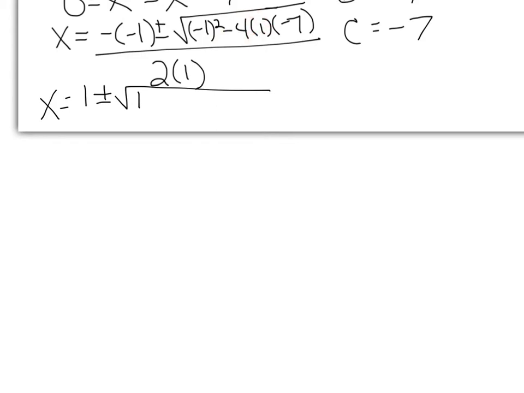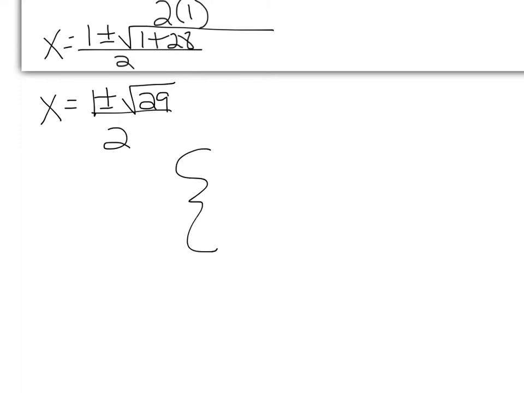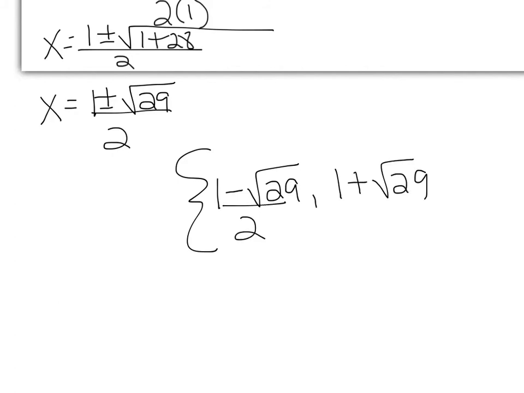Negative 4 times 1 is negative 4 times negative 7 is positive 28, all over 2. X equals 1 plus or minus the square root of 29 over 2. 29 is prime, so we can't simplify it at all, and that gives us 1 minus the square root of 29, 1 plus the square root of 29 over 2.